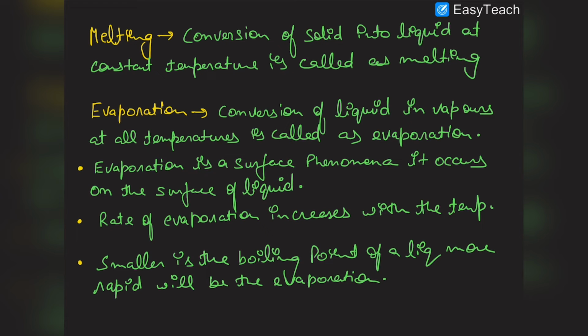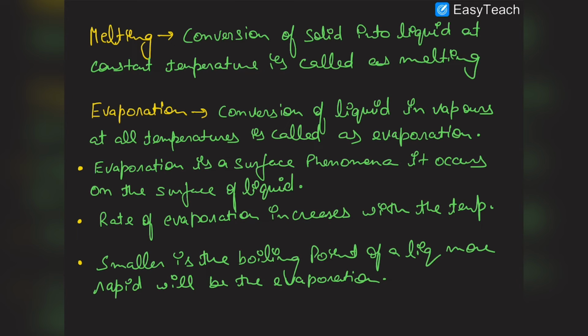Now evaporation. Evaporation is the conversion of liquid into vapors at all temperatures, and evaporation can occur on the surface only. Obviously, when there is a container full of water, evaporation will occur at the surface of the water and not in the deeper parts.